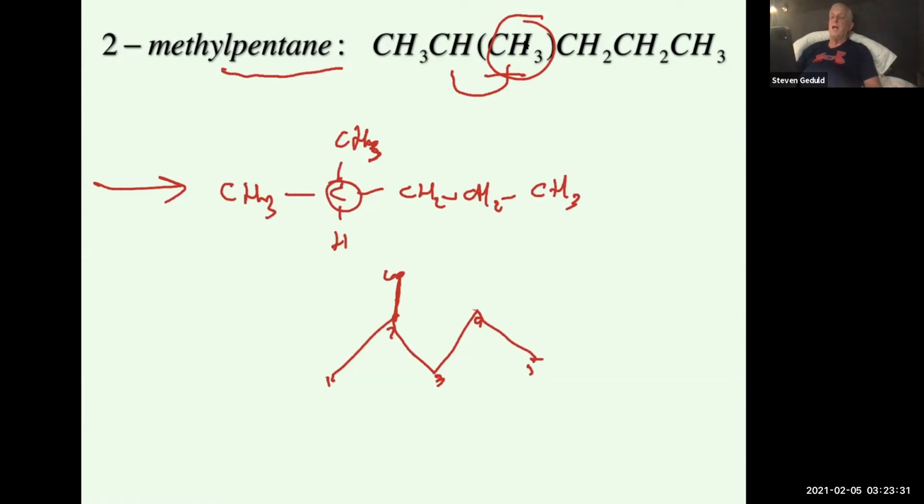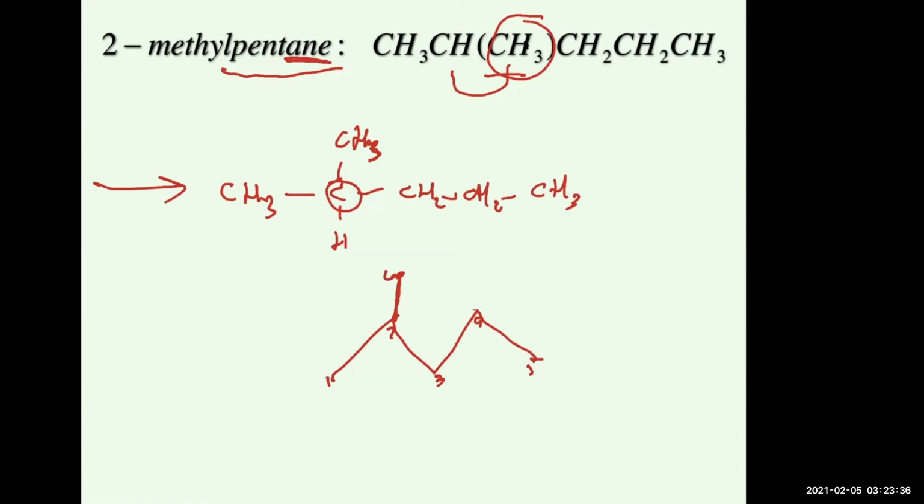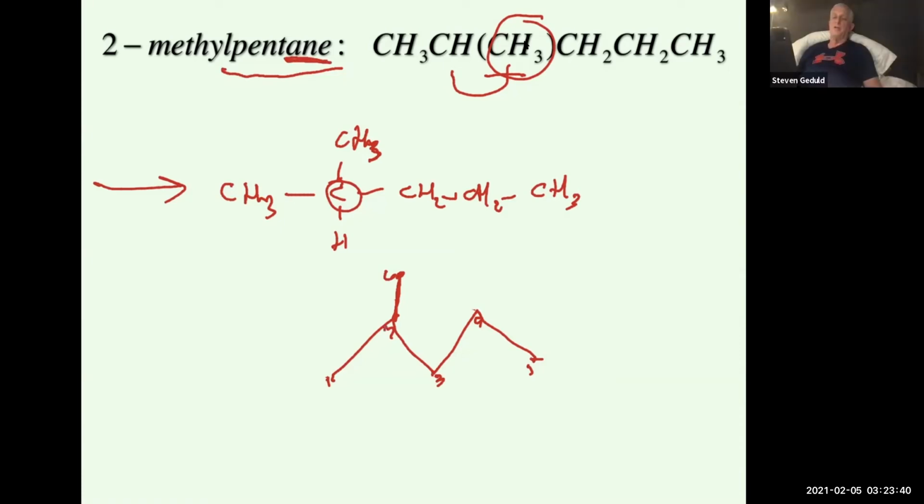Penta means 5. ANE means what? Single bonds. So 5 carbons, single bond. There's your line. And then at the number 2 position, there is a methyl group. Methyl means 1 carbon. Remember, there was methane, ethane, propane. Go back and look at the chart. Methane means 1. So now you know what 2-methylpentane means and how to draw it. And we'll go over a bunch of those coming up. That's not a problem.